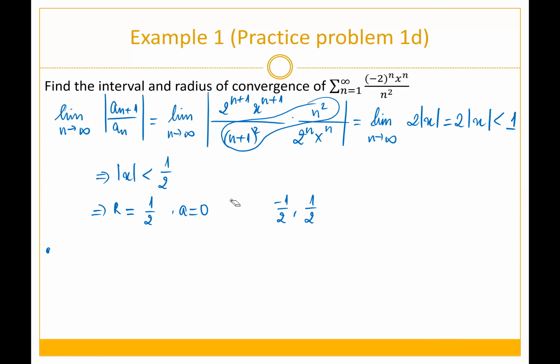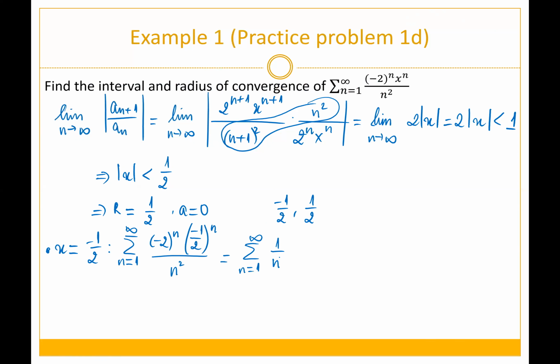But now you have to figure out what happens at the endpoints. When x equals negative half, the series becomes negative 1 to the n over n squared, which is going to give me 1 over n squared. And this converges by the p-series test, where p equals 2.